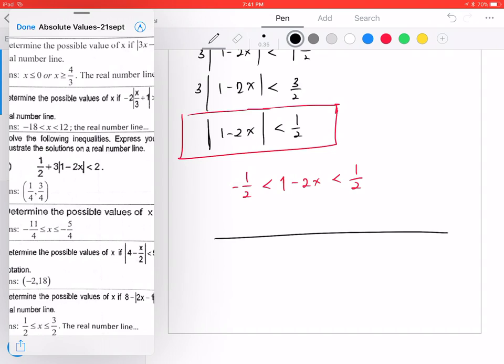So you have this number line here. This will be your 0, and here is your 1/2, here is your negative 1/2.